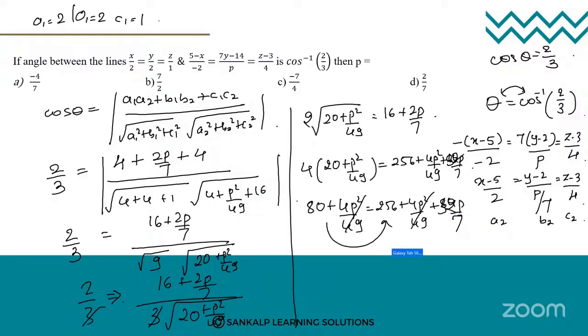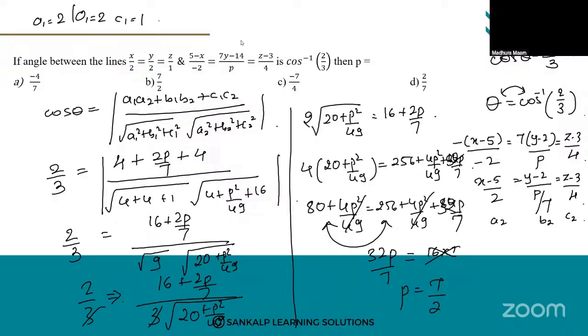Okay, so if I solve this, yes, the value of p I'll get is 7 by 2. Is that correct? Yes. So the value of p is 7 by 2. What information did we use here? The angle was given. What was given in place of the angle? Cos inverse 2 by 3. We used our formula itself. Only the solution part took some time here. That's it. Okay, so what is the answer? 7 by 2.